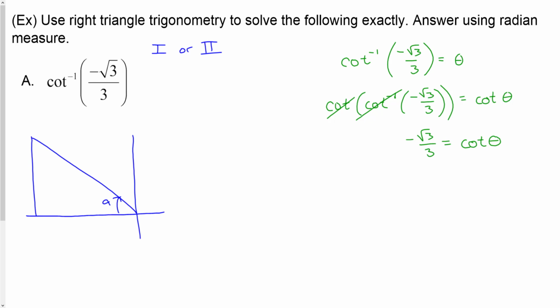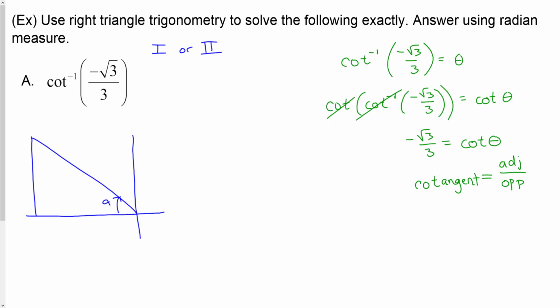So this angle measure that I've defined, its cotangent is negative root 3 over 3. Another way I can think of this is, cotangent is the inverse of tangent. And tangent is the opposite over the adjacent side. Remember SOHCAHTOA? So this is the adjacent side of the triangle over the opposite side.